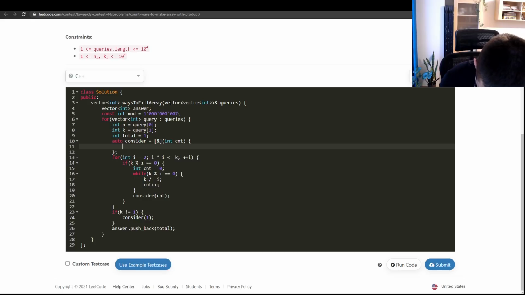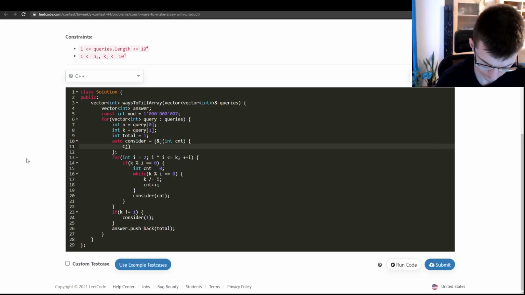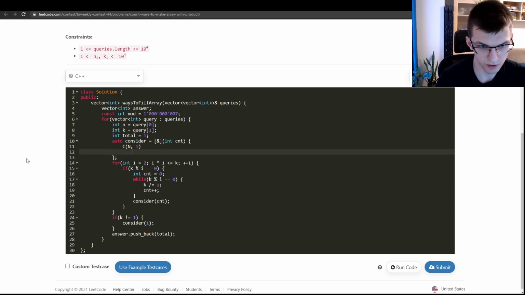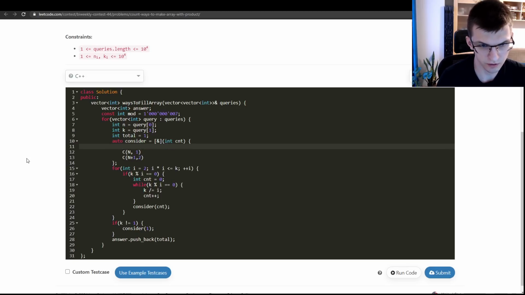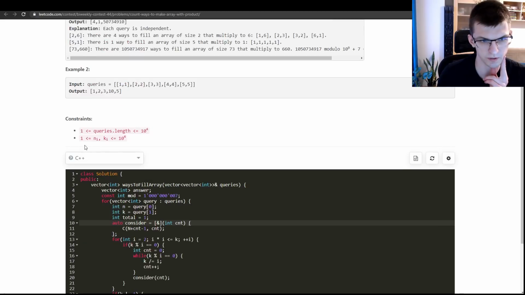If into, I need to assign 2, that's this, or that. Yeah. So n choose 1, or this, and so on in general. Count this thing. What's the maximum possible count?